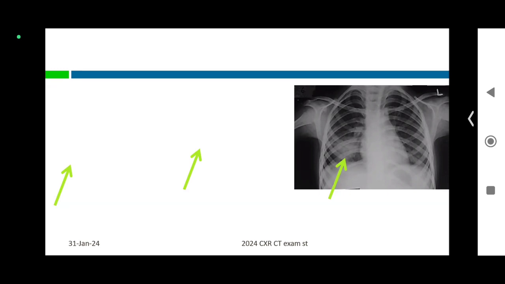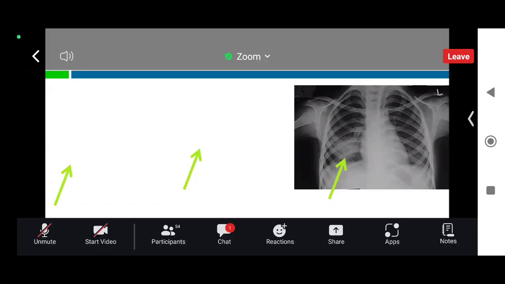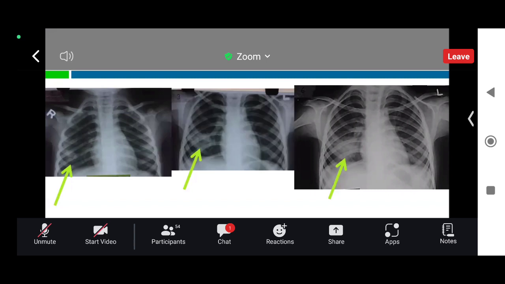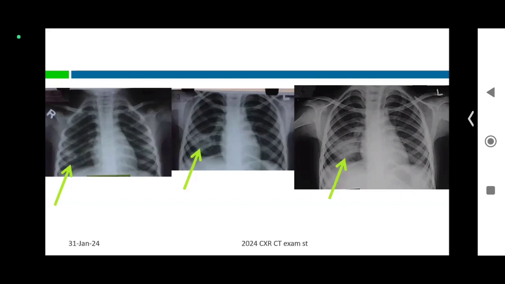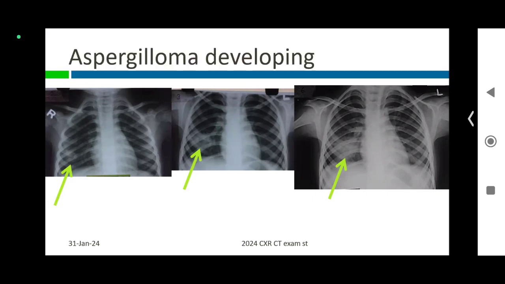As the child grows older, with more pores of Kohn and canals of Lambert, we have a consolidation and not a round pneumonia. But unfortunately, this child, it is not a round pneumonia. My ignorance, because I failed to diagnose aspergillus in a CGD child. This is aspergillosis in a CGD child, but I eventually lost the child.